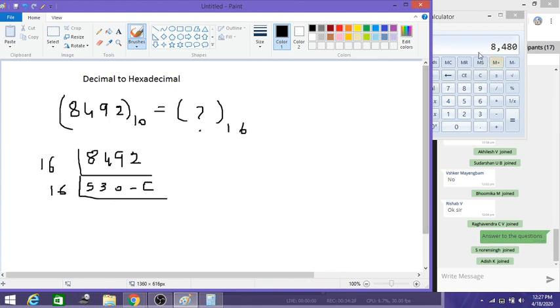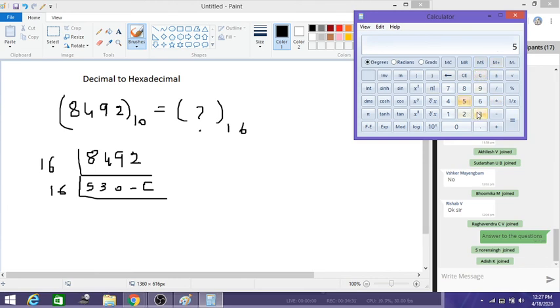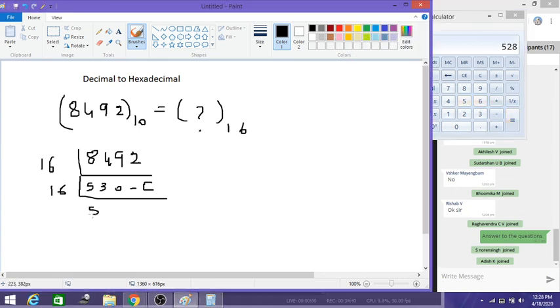Now let us divide this 530 by 16 again. So I'll get the quotient 33. It's very close. 33 into 16, we will get 528. Yes, we are very close. So then the difference is 2.